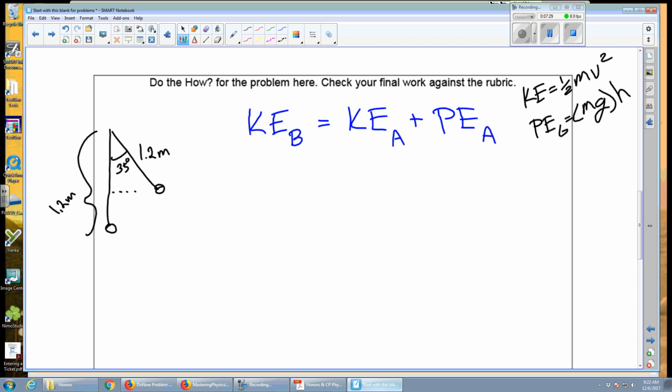If I do a perpendicular here, this little distance inside there, the tail of the triangle, is h, right? The change in height of the pendulum bob. We did that yesterday, right? A little geometry, a little trig, all that math fun. And if you remember from yesterday, we said that h equals 1.2 meters minus 1.2 meters cosine 35 degrees.